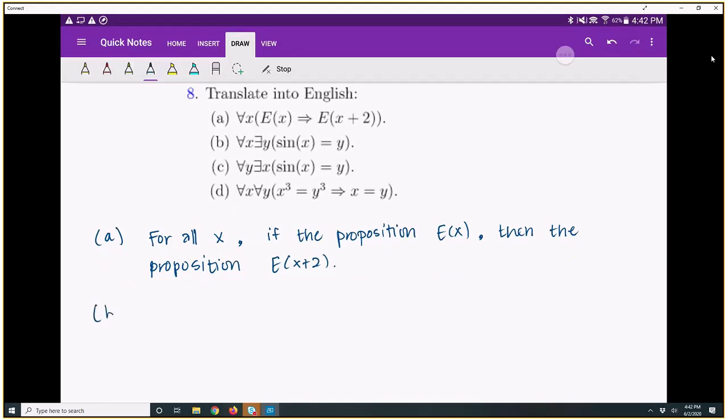For part B, I have my universal quantifier for all x. I have an existential quantifier. There exists y such that sine of x is equal to y.